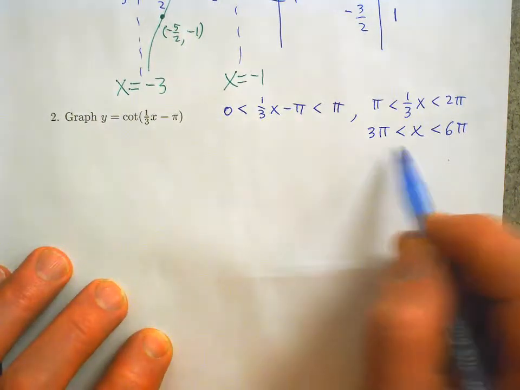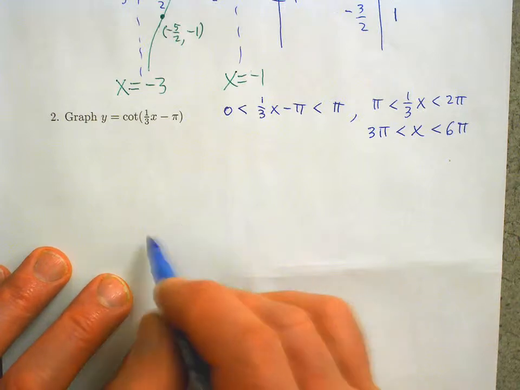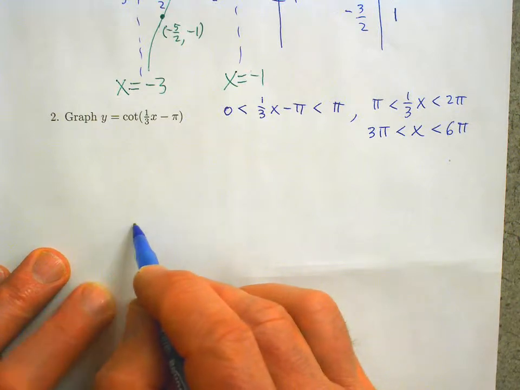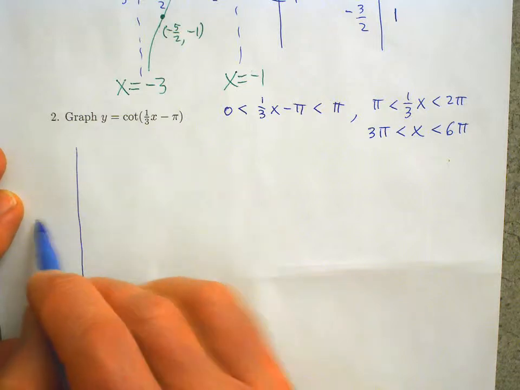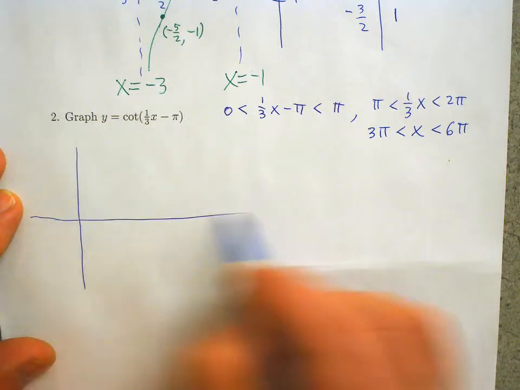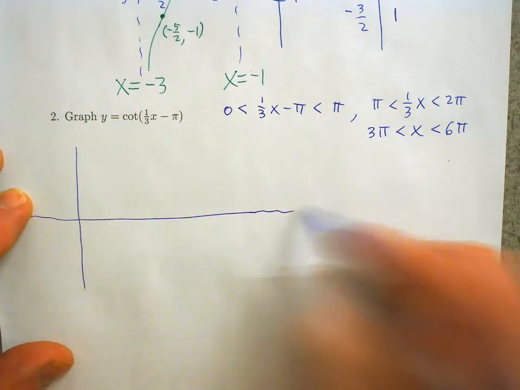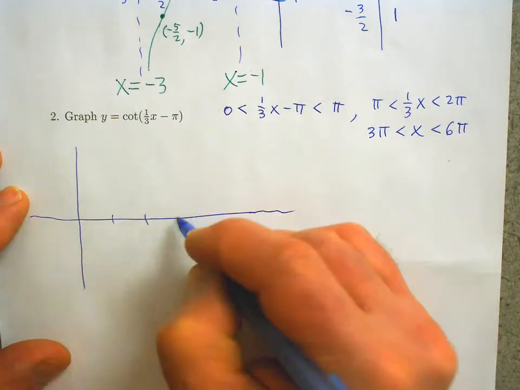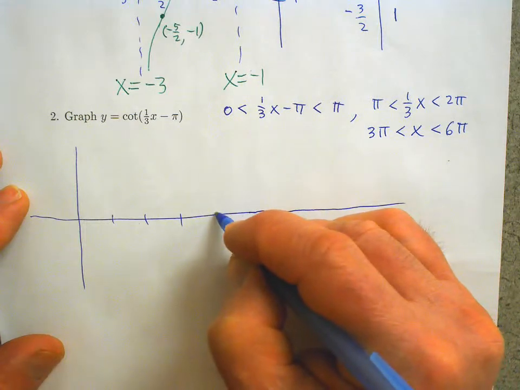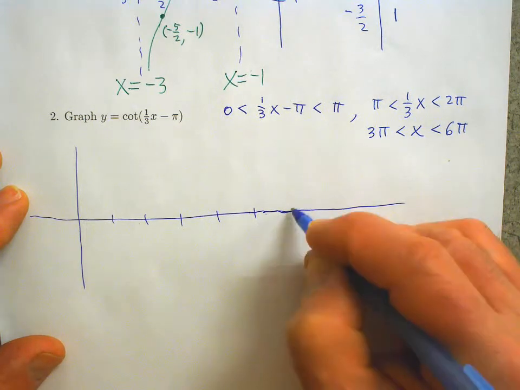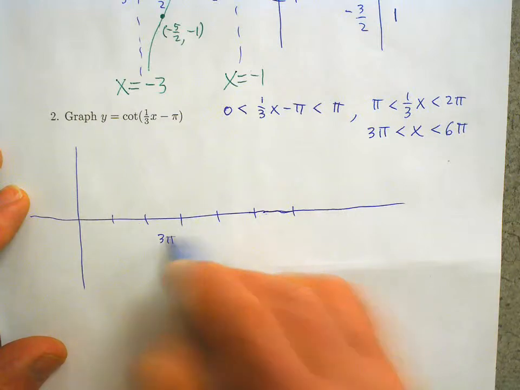Okay, so the interval that we'll sketch the graph on is from 3 pi to 6 pi.